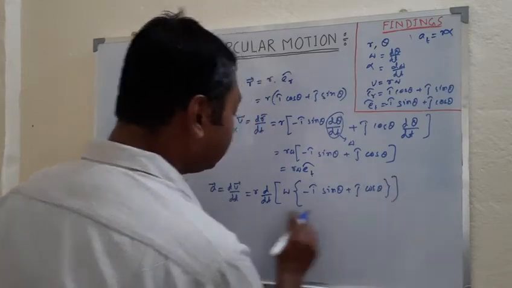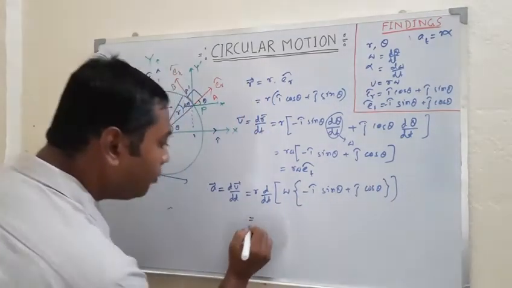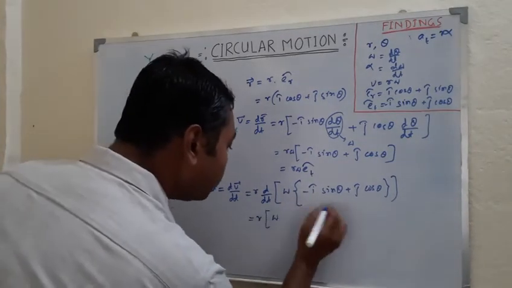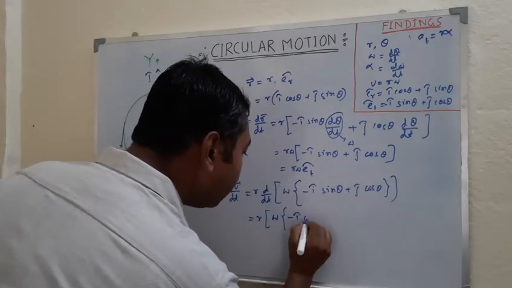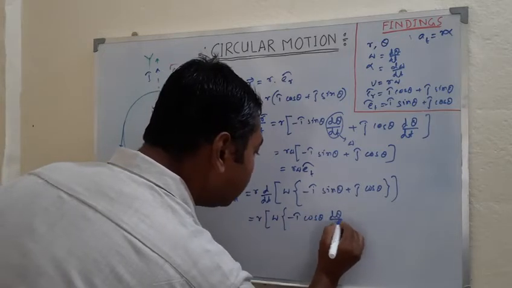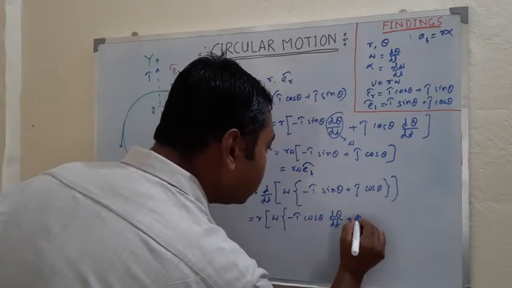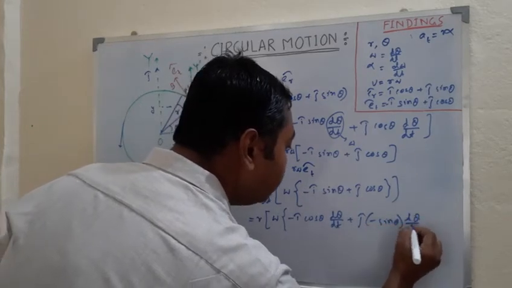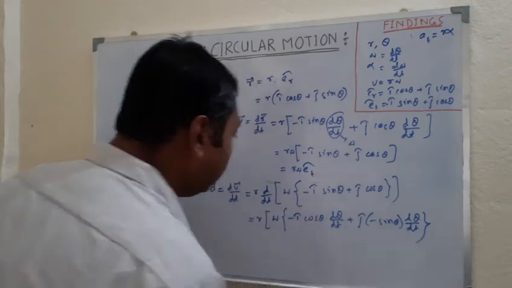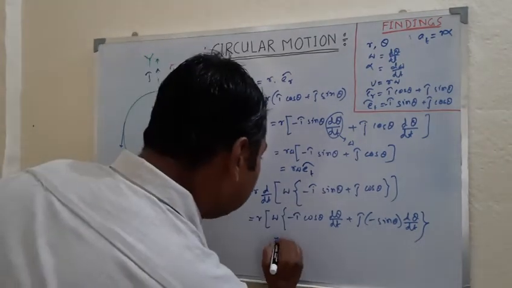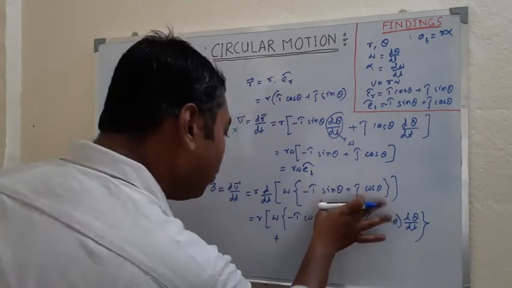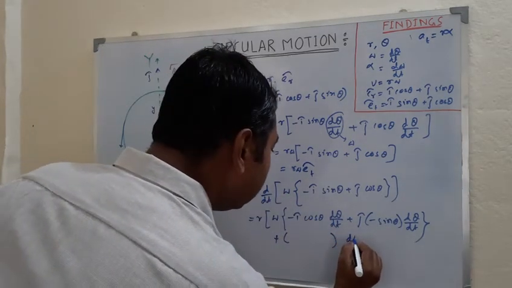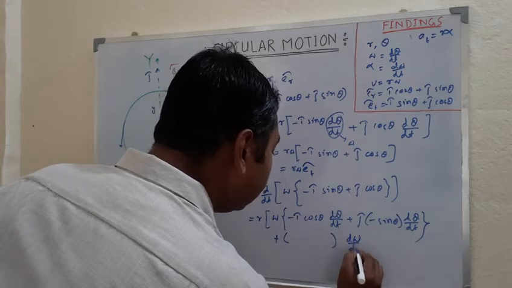This is the differentiation of a product of two variables. First we keep omega constant and take the derivative of the unit vector: minus i cos theta d theta by dt minus j sin theta d theta by dt. Plus, we keep the unit vector as it is and write d omega by dt.